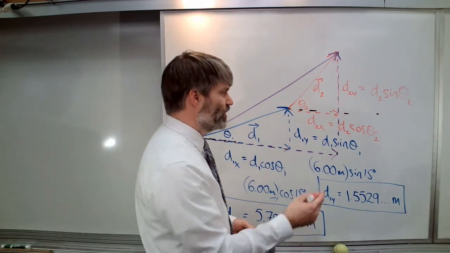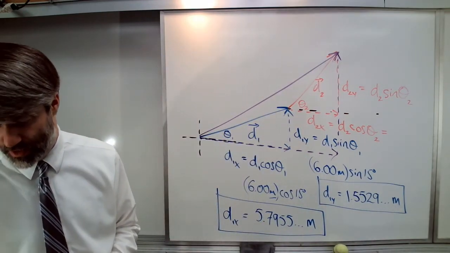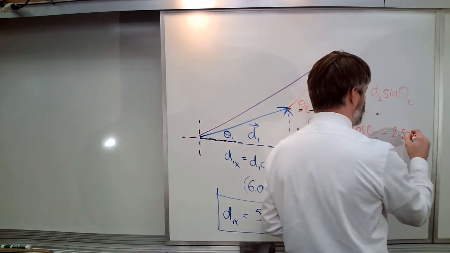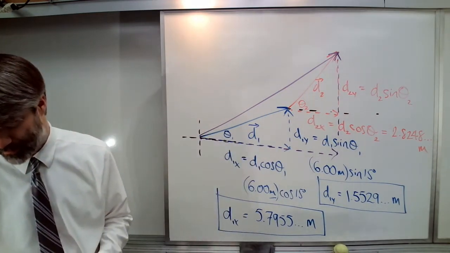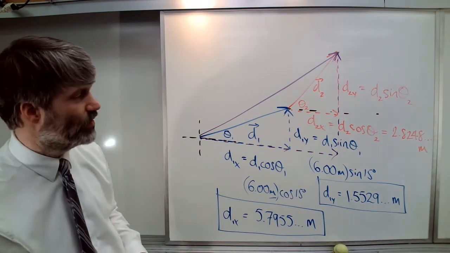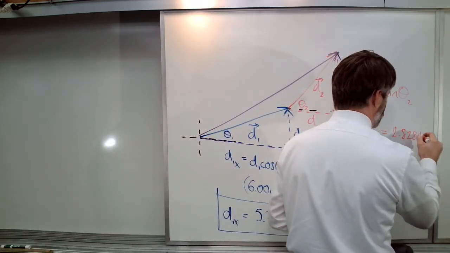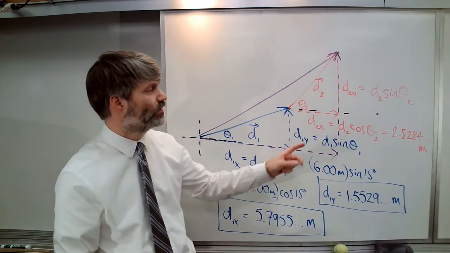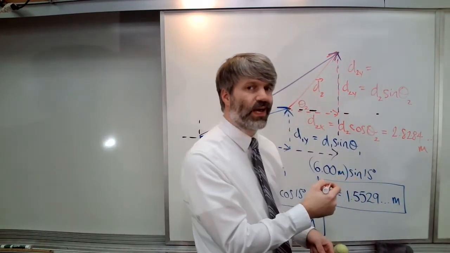We can do the same with vector 2 there, and we'll get, in this case, 2.8284 meters. And because it's a 45-90 triangle, the Y component is going to be the same magnitude.